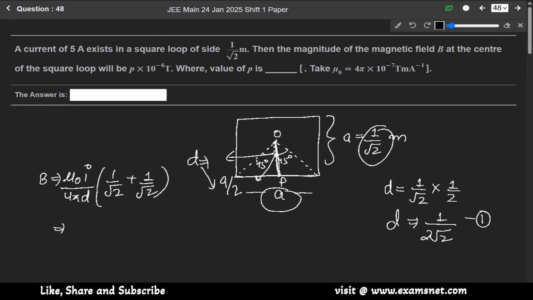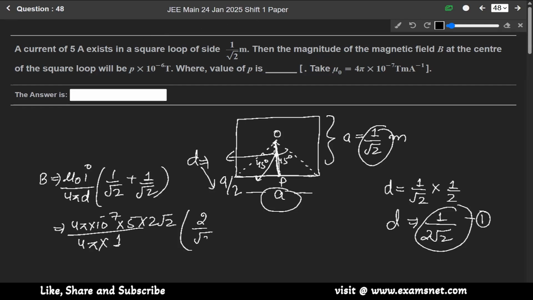Okay. So mu naught is 4 pi into 10 to the power minus 7, and current is 5 ampere, over 4 pi into d. D is 1 over 2 root 2, into 1 over root 2 plus 1 over root 2, which means 2 over root 2. When we solve this, root 2 cancels and 4 pi cancels.